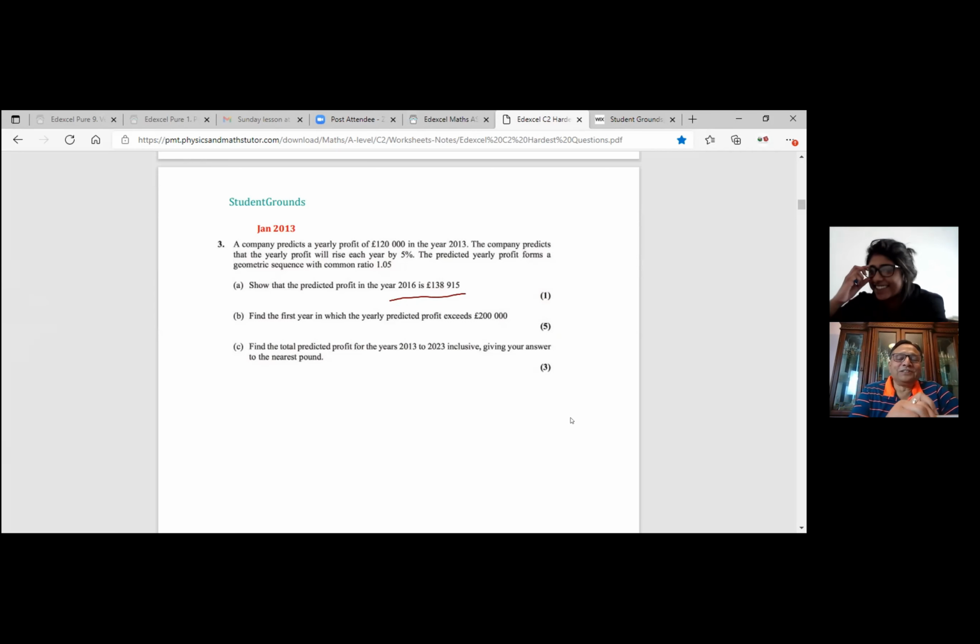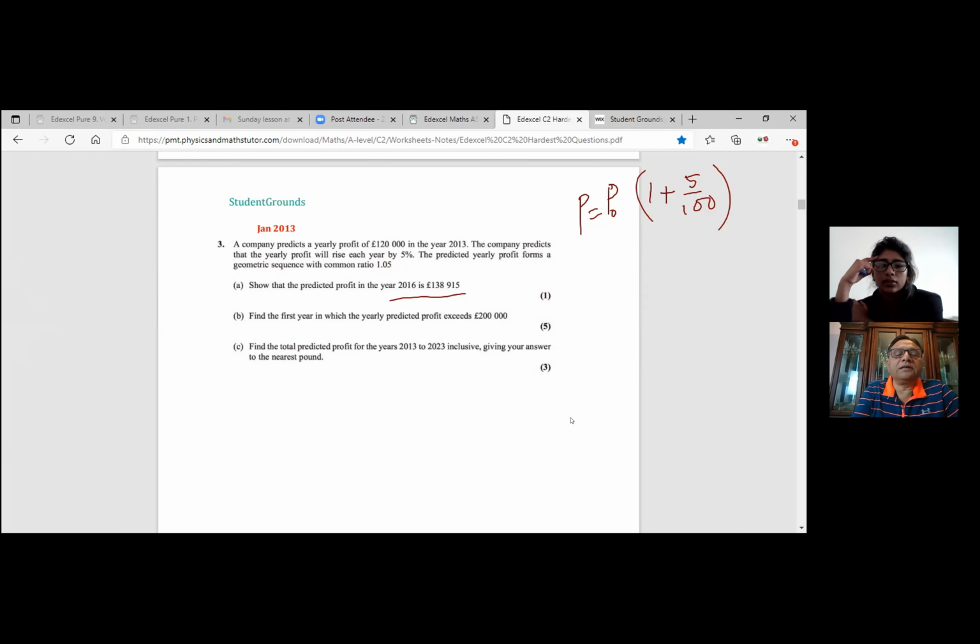Yeah, that's very good. So can you tell me how you will write the equation? We show that the predicted profit, so we are looking for profit, is the initial profit of 120,000, plus the rate is 5%, which basically means 1 plus 5%. And every year, after every year you can say predicted yearly profit.